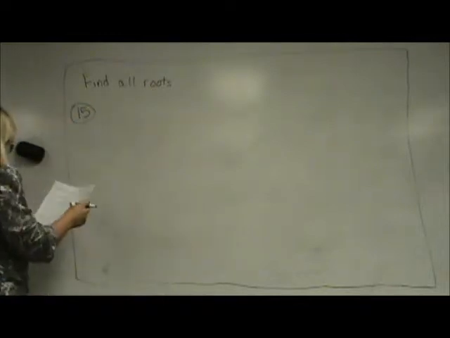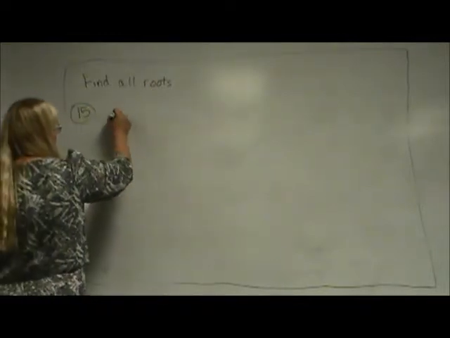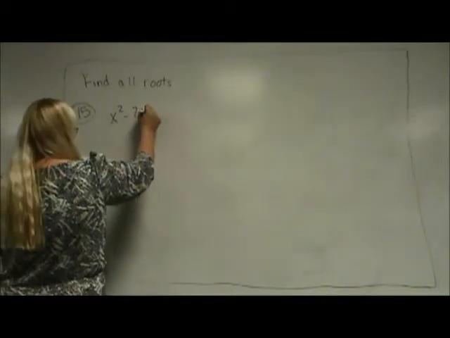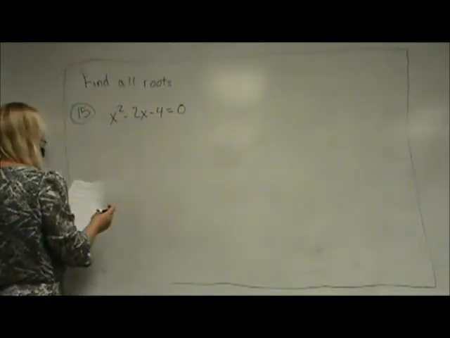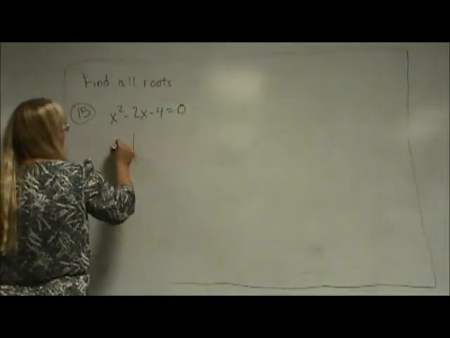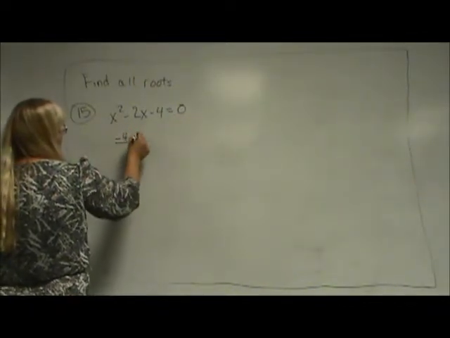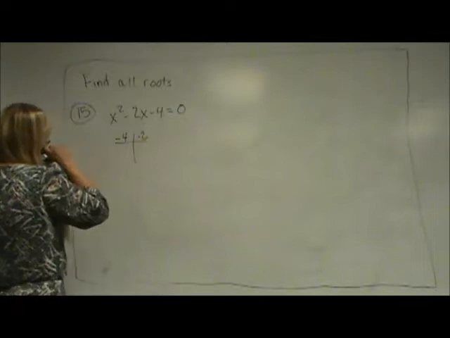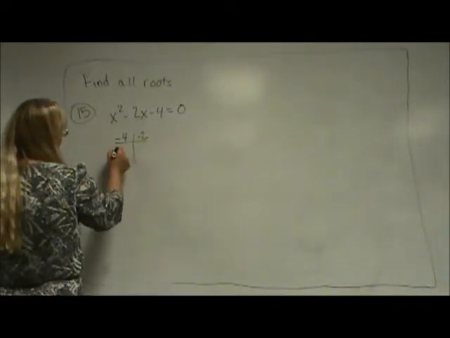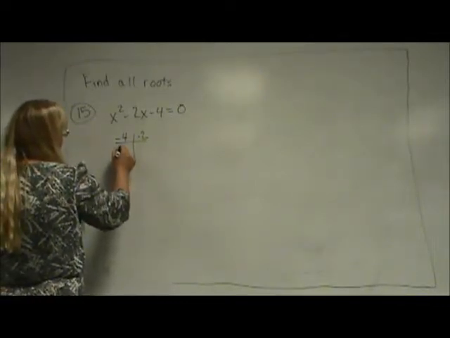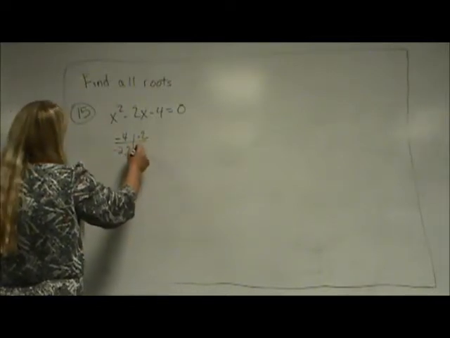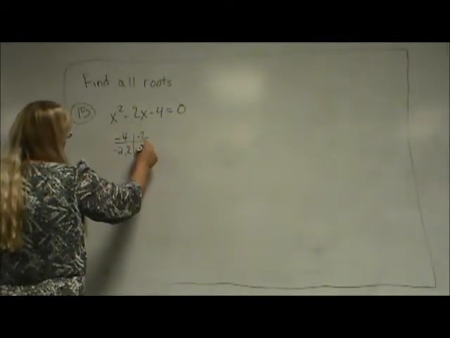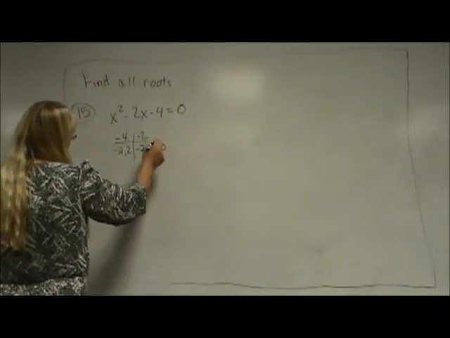Number 15, x squared minus 2x minus 4 equals 0. Do my t-chart, I have negative 4, negative 2, negative 2, positive 2, negative 2 plus 2 equals 0.